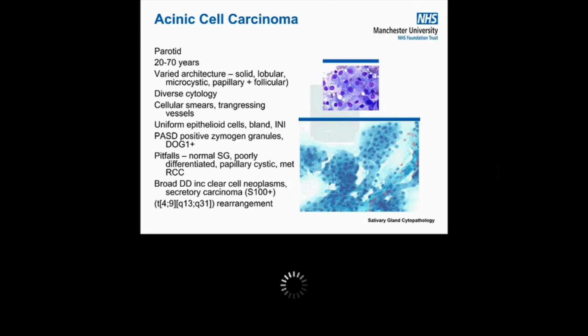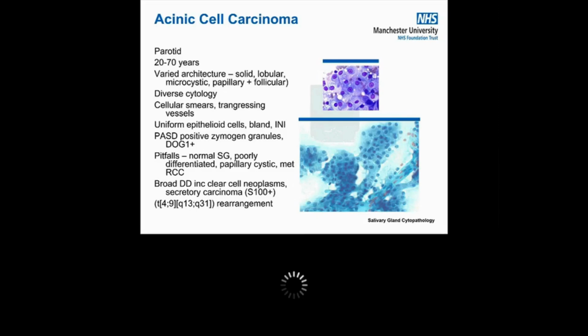So again, this can be undercalled as Warthin's tumour, as people interpret the acinic cell carcinoma cells as oncocytes with background lymphocytes. If it's available, the immunocytochemical stain DOG1 is diagnostic for acinic cell carcinoma.